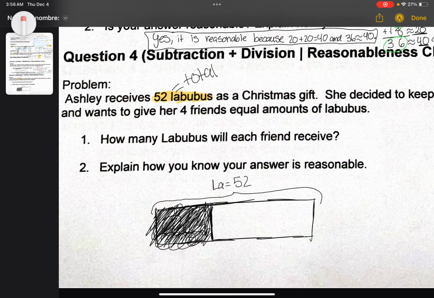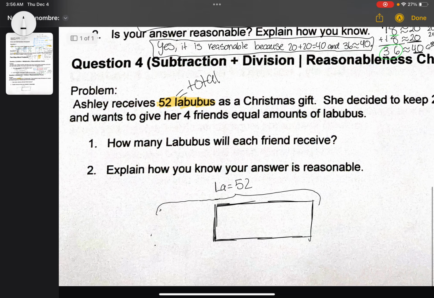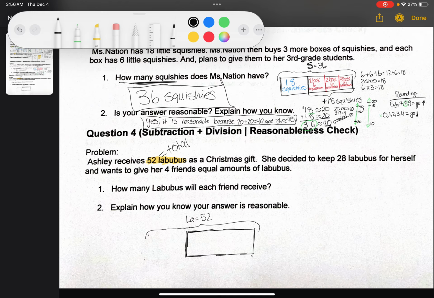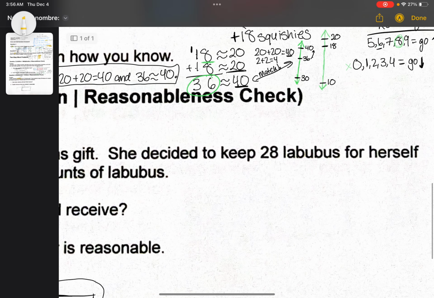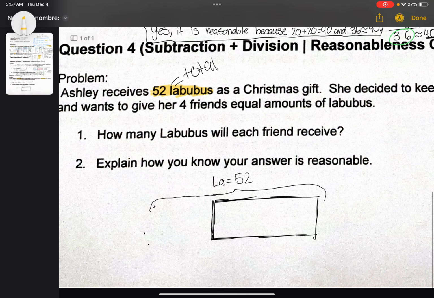So this side, she's keeping. Now, we're asking ourselves, how many Labubus is she keeping? She decided to keep a total of 28 Labubus. So these Labubus are Ashley's. She's not going to give them away. She's keeping them for herself.